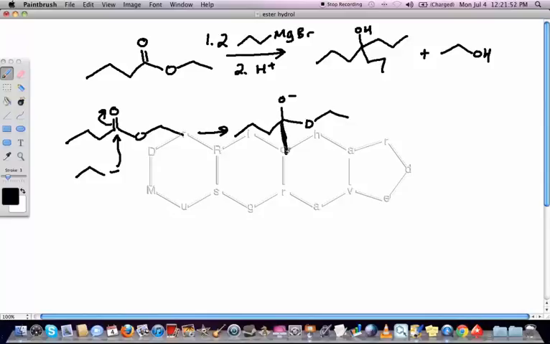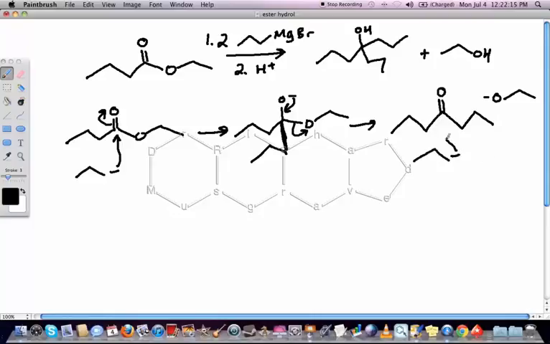There's a new bond forming here. Now the negative charge is going to come down and kick out the leaving group, and we get a ketone, initially at least, after the attack of the first equivalent of Grignard reagent.